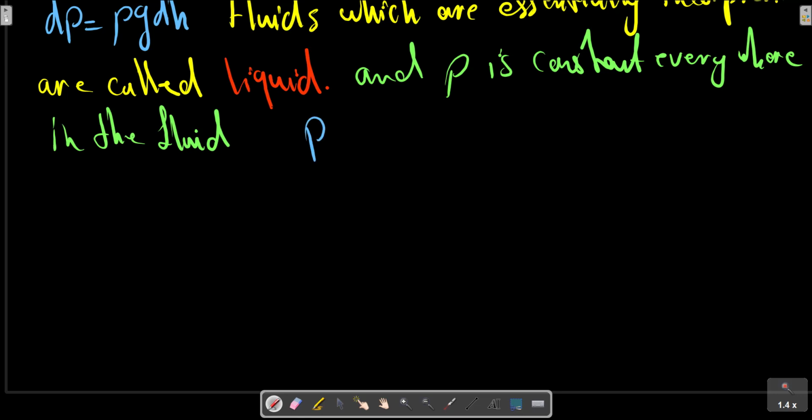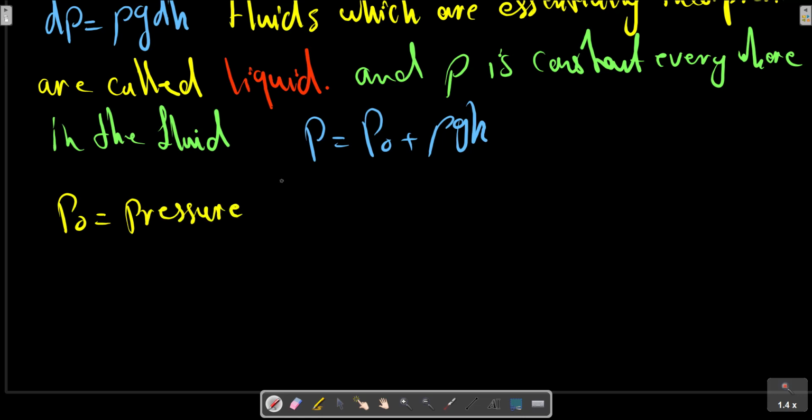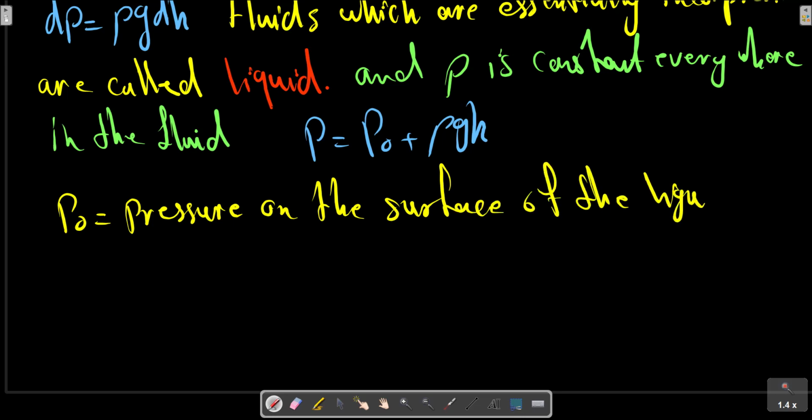So we have this relation, P equals P0 plus rho g h. The pressure P0 is the pressure on the surface of the liquid at h equals 0.